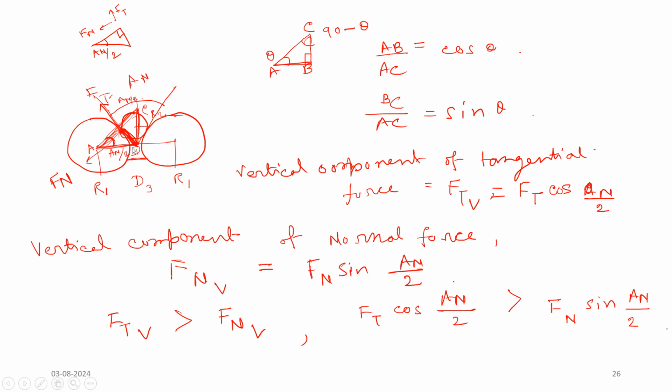Where is this point? Till the roll crusher, it is from this A point to this point. I hope you are understanding which point I am talking about. This distance is R1, and from this point to the middle, to the D point, that is half of the distance D3.